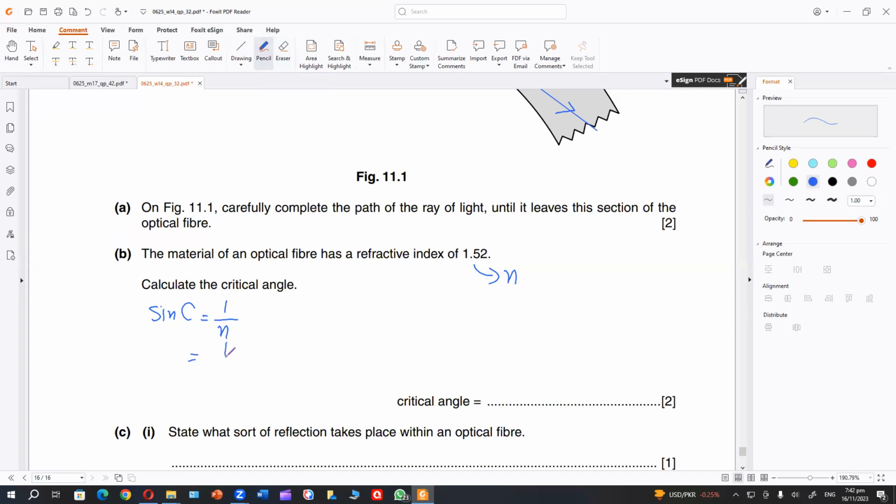Make sure your calculator is in degree mode. Now, please solve it. Remember, calculator should be in degree mode.